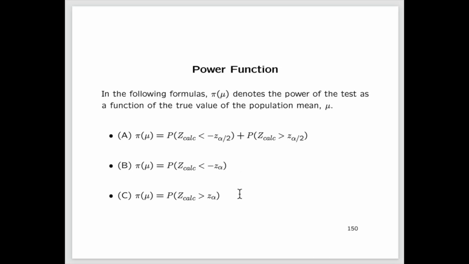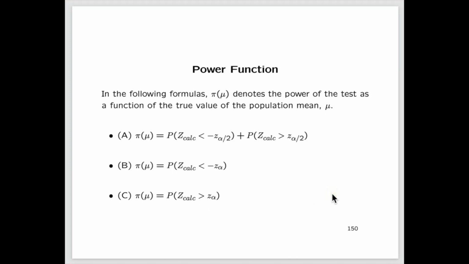And for a right-tailed test, the probability of rejecting the null hypothesis, the power of the test, if mu happens to be a value for which the null hypothesis is false and the alternative hypothesis is true, is equal to the probability that zcalc is greater than positive z sub alpha.